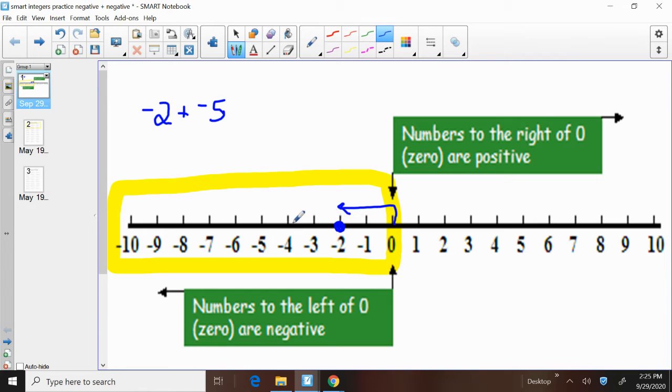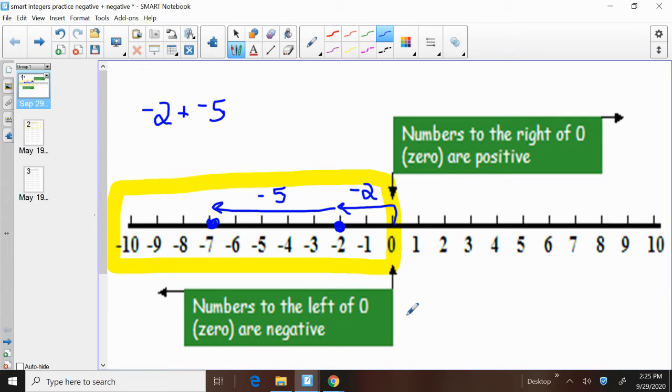So 1, 2, 3, 4, 5. That puts me here at -7. So -2 plus -5 equals -7.